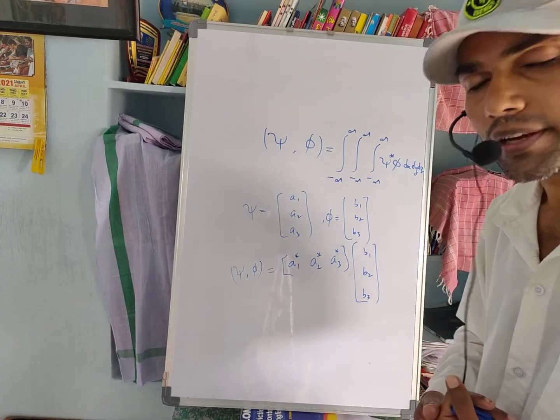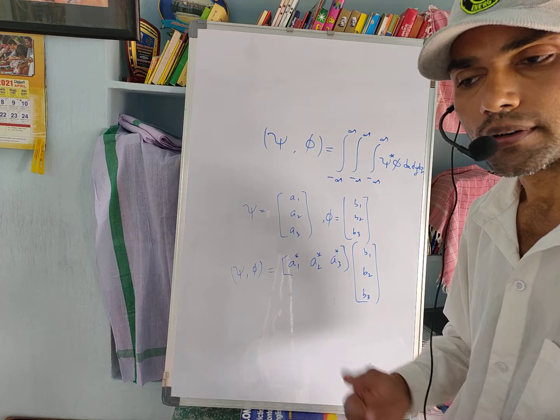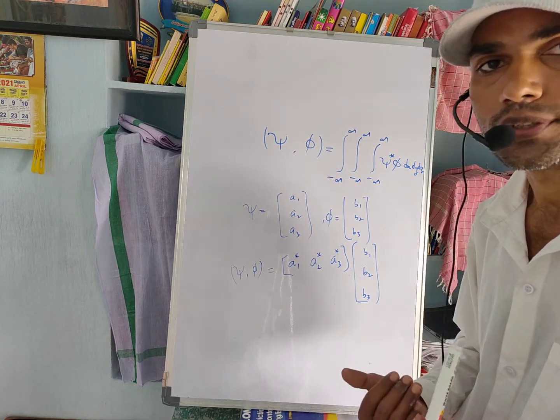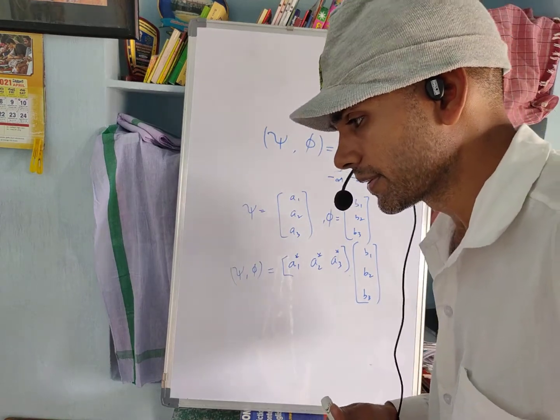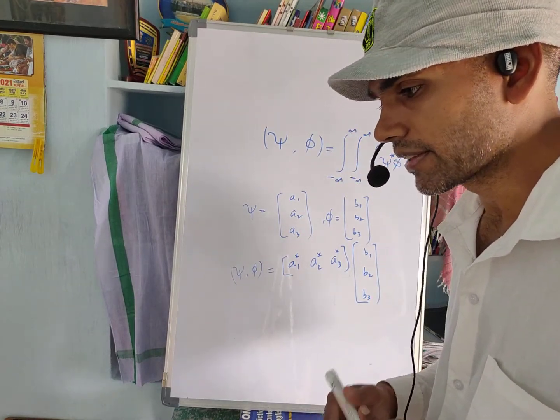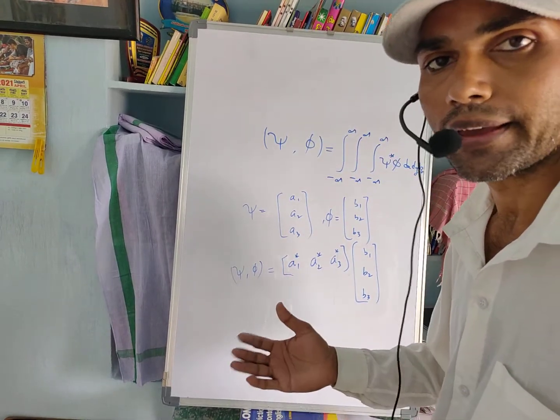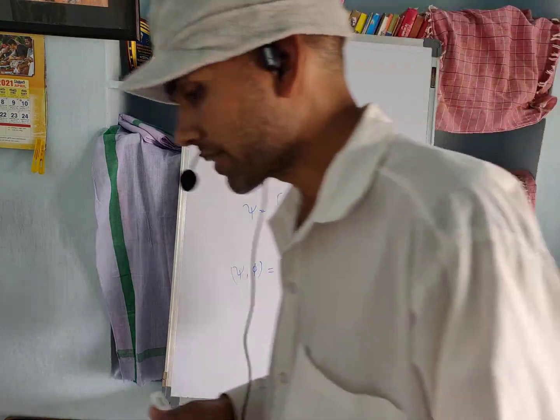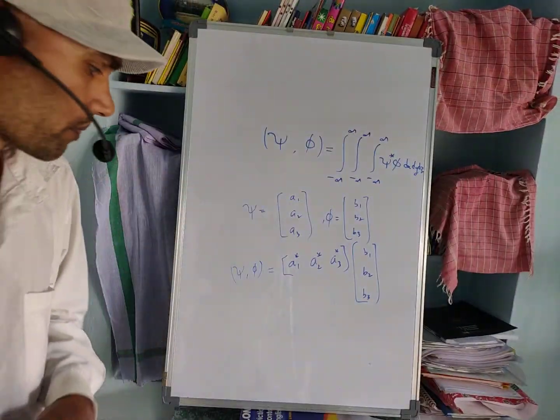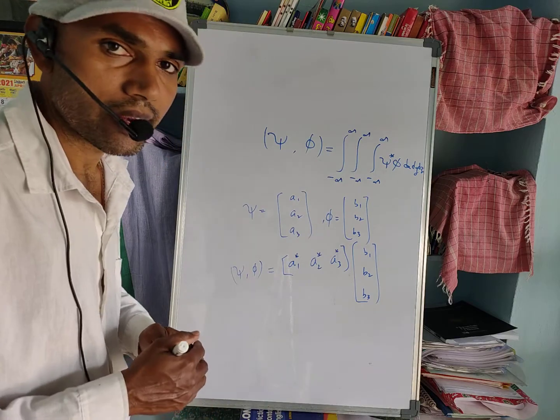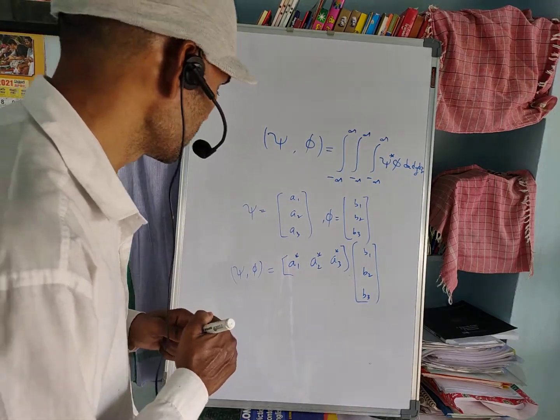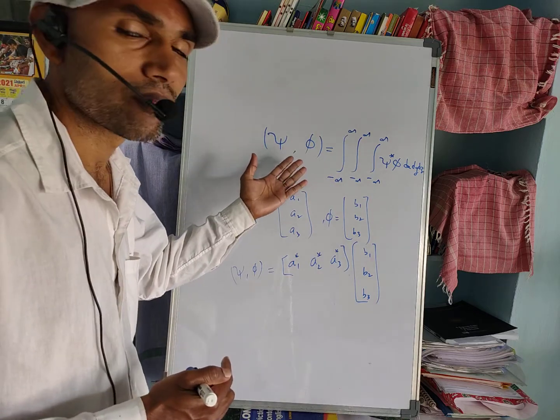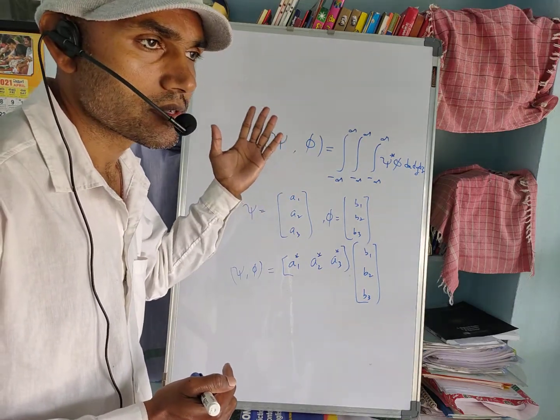Let me quickly go into defining the Hermitian conjugate. Let us say that we have some operator A. For that operator A, its Hermitian conjugate is defined using the rule for scalar product.